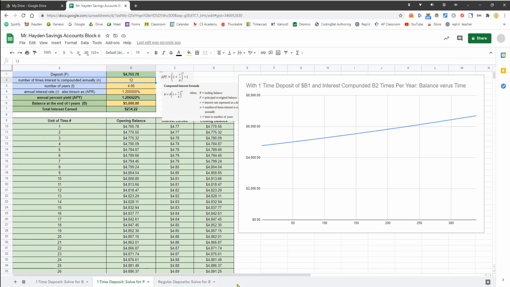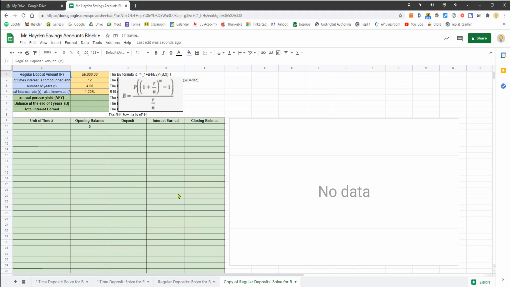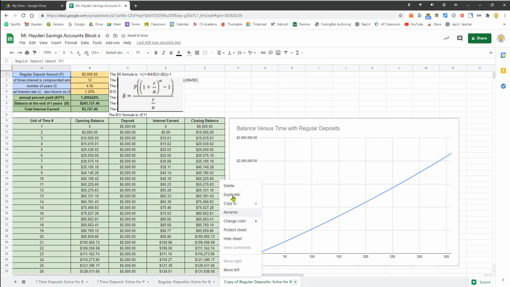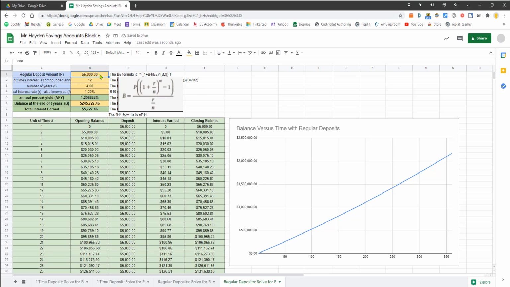For the regular deposit one, not one-time deposit, I'm going to duplicate the one that I have, and I'm going to rename it regular deposit solve for P instead of solving for B. So now the user types in B. Let me change that over to yellow, and then P is going to be computed.